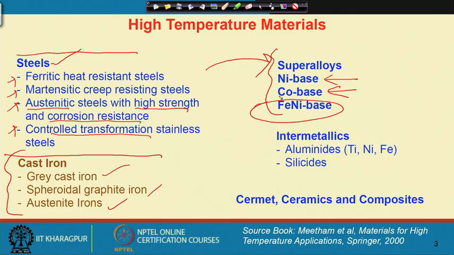However, there are also some derivatives of iron nickel containing super alloys which are also used for higher temperature. Now, another important aspect here is the use of intermetallics for high temperature application, where titanium, aluminum containing intermetallics, where aluminum has a very low solid solubility or very limited range of solubility, we call them aluminides.